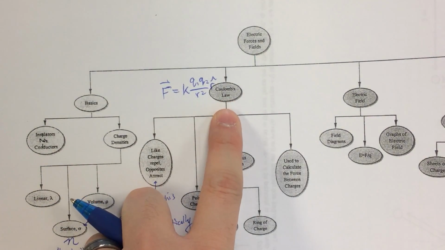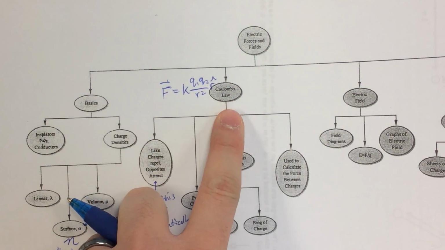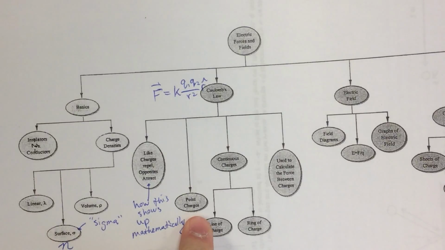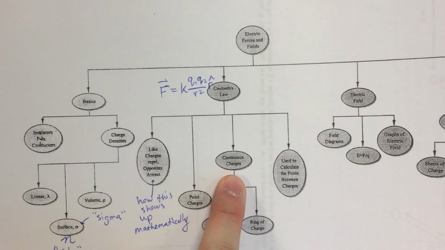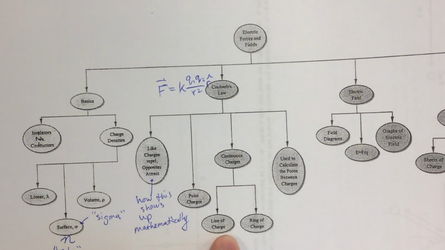So in terms of actually calculating the forces due to Coulomb's law, make sure you know how to do it for point charges. How do you do it for continuous charges? There are two particular types, arrangements, or geometries that we look at, a line of charge and a ring of charge.